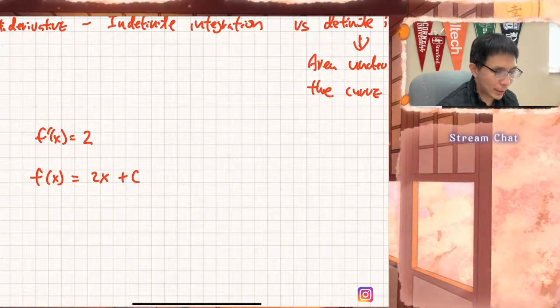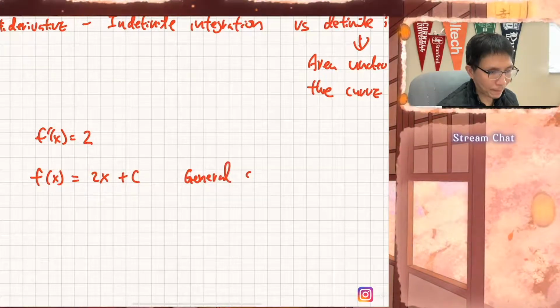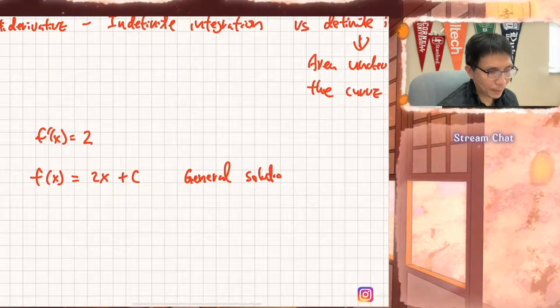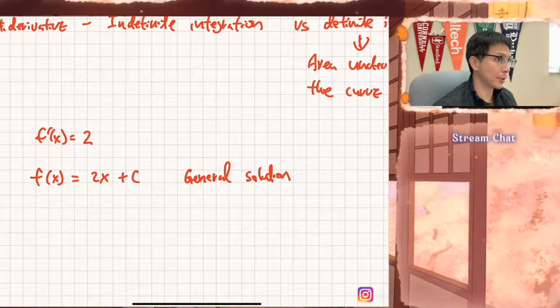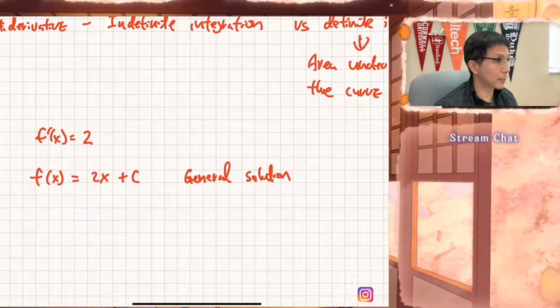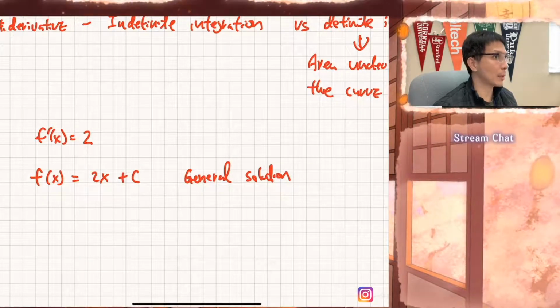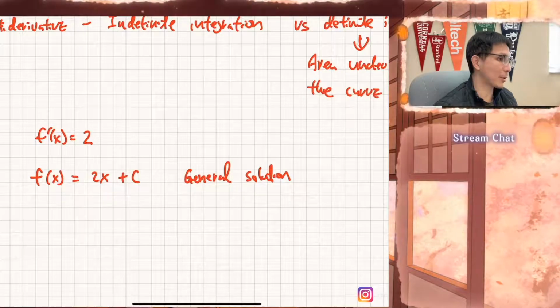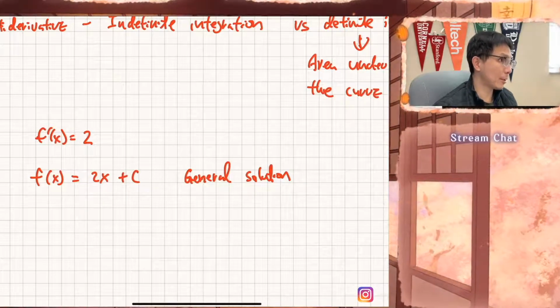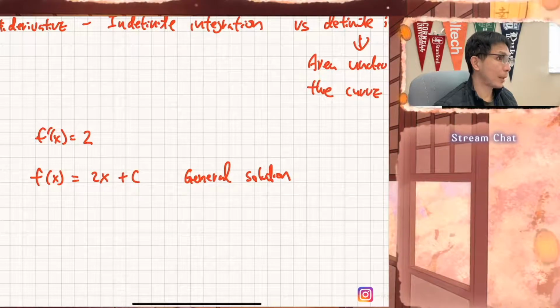So we call this a general solution. The general solution is going to be 2x plus c, as opposed to the other type of solution called a particular solution. A particular solution is where you find a value of c, right?